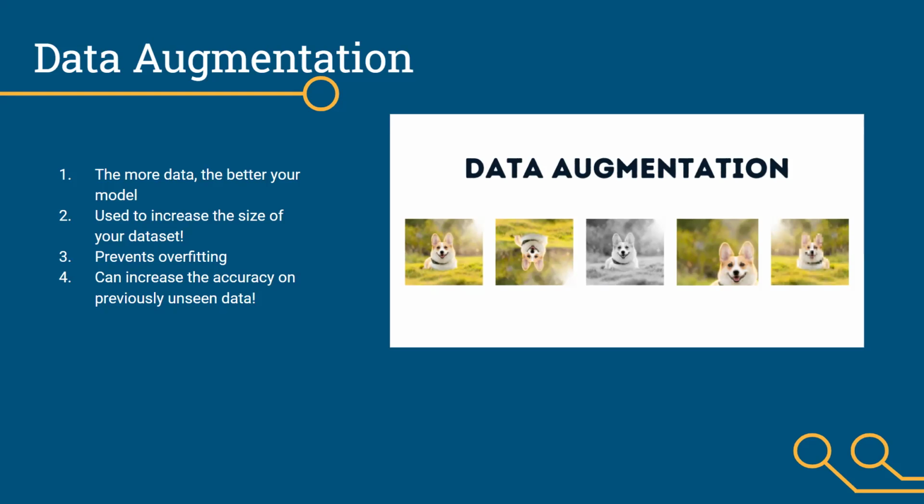Well, I can stretch it. I can shrink it. I can rotate it. I can crop it. I can add noise. I can remove noise. I can do so many different things to this. But I'm going to ask you this question: does it change what the image actually represents? Yes or no? No, exactly. It's the same image. You're just representing it in different ways. So what is that telling the model?